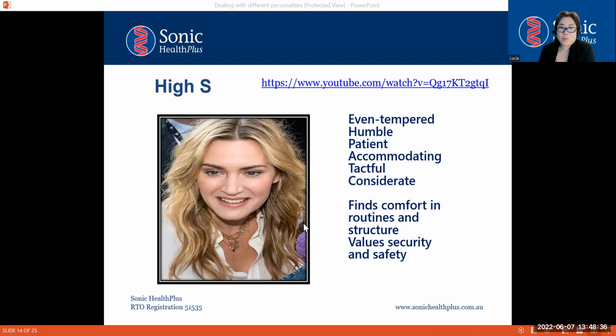Now, the S, as we all know, is very easily communicated to. What is hard to communicate with an S is when you disrupt routine and you're putting out something new, because it takes them a bit of time to embrace change, because they're thinking of how it impacts everyone else, because they love stability.